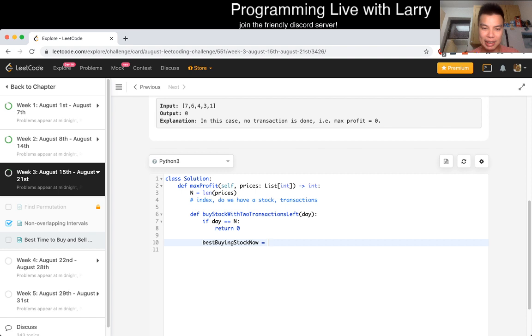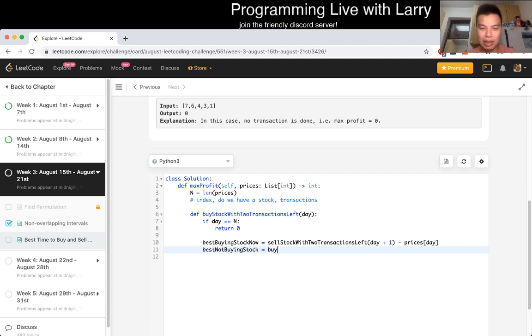But anyway, now we have a stock, so the state changes to sell stock with 2 transactions left, of day plus 1, because you can only sell the next day, right? And then what's the cost of this? This is minus prices of day, because that's how much we paid for the stock that day. And then the other one, best not buying stock, means that you don't buy stock today, so maybe you buy the stock tomorrow, right?